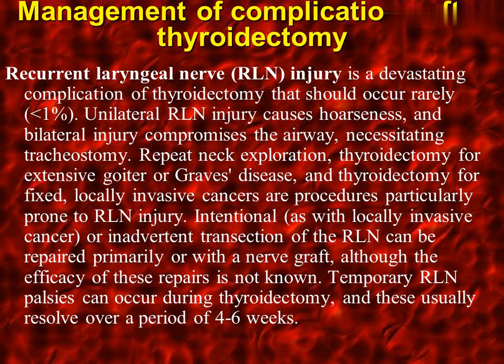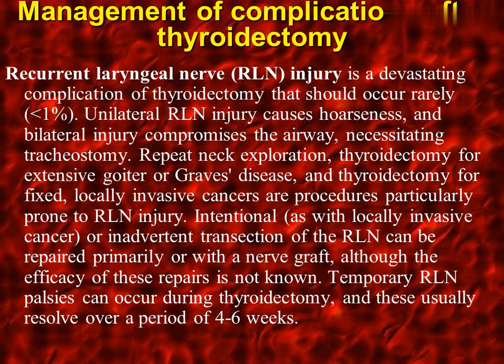Recurrent laryngeal nerve, RLN, injury is a devastating complication of thyroidectomy that should occur rarely, less than 1%. Unilateral RLN injury causes hoarseness, and bilateral injury compromises the airway, necessitating tracheostomy. Repeat neck exploration, thyroidectomy for extensive goiter or Graves' disease, and thyroidectomy for fixed, locally invasive cancers are procedures particularly prone to RLN injury.